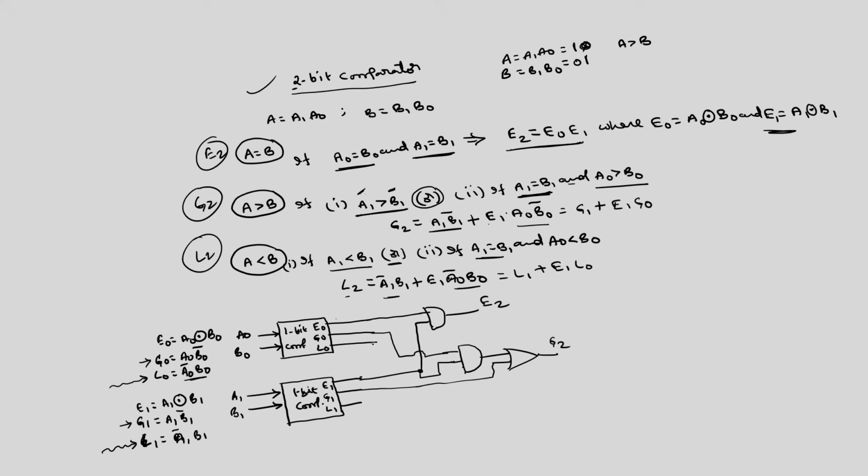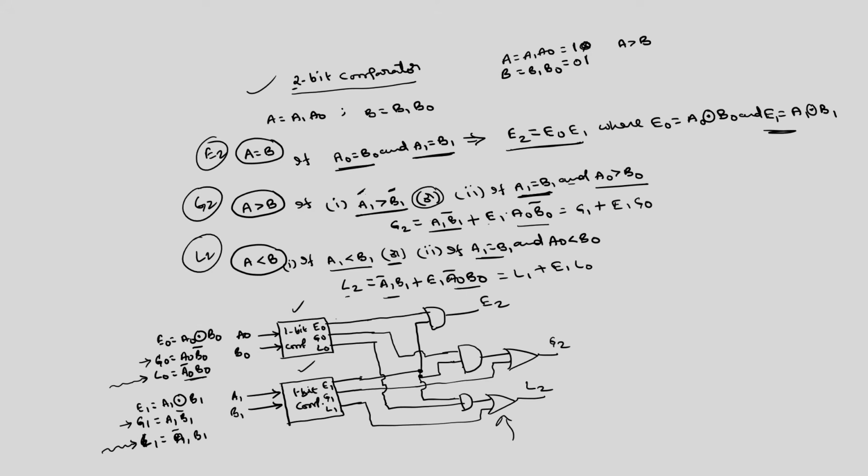L0 is this and E1 is this. These two you have to AND, then OR with L1. This is your L2. So, by instantiating this 1-bit comparator twice using some additional gates, we can implement a 2-bit comparator.